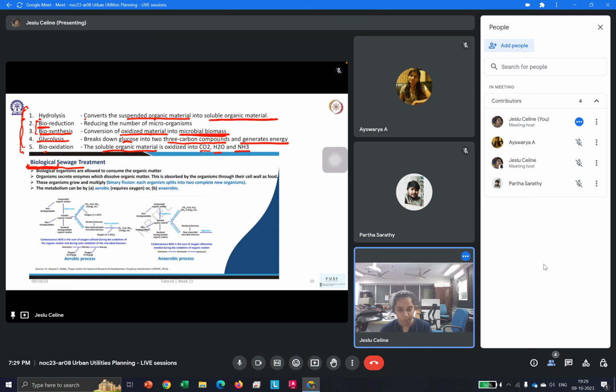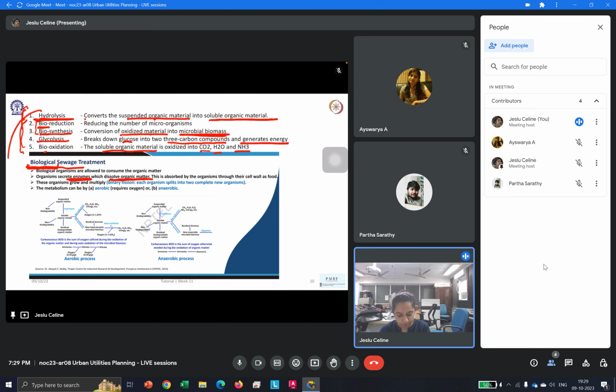Even before these organisms eat the component, they need to make it suitable for eating. So that's the first step. They secrete certain enzymes which dissolve the organic matter, and that is what happens in hydrolysis.